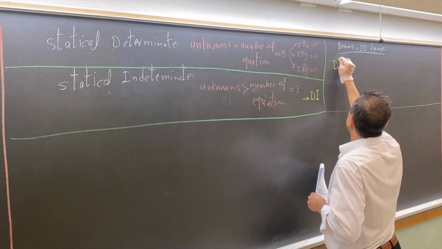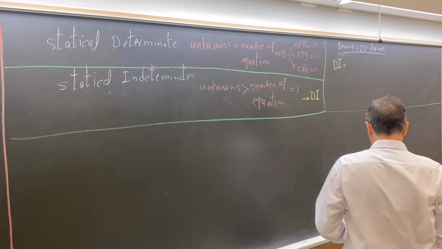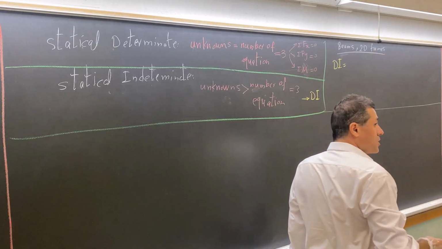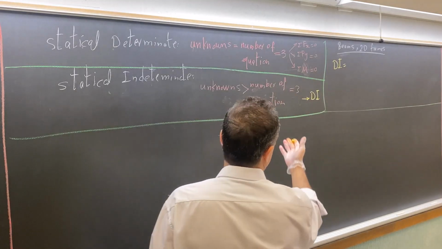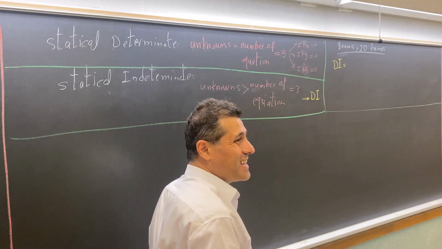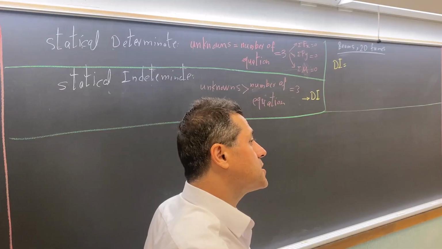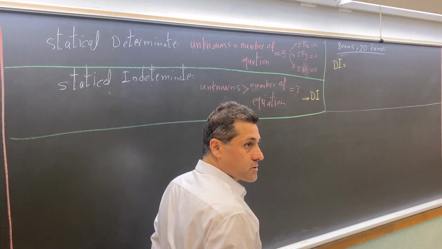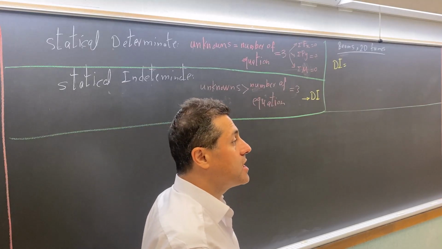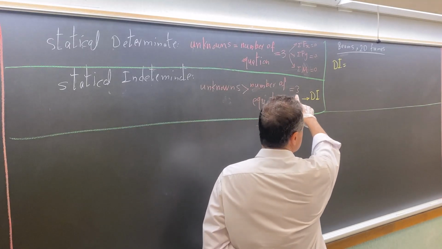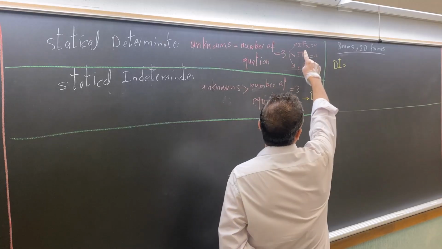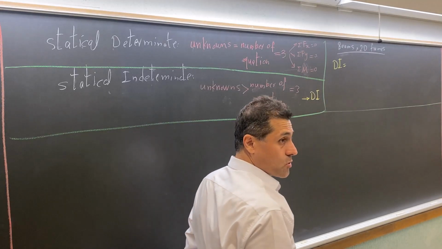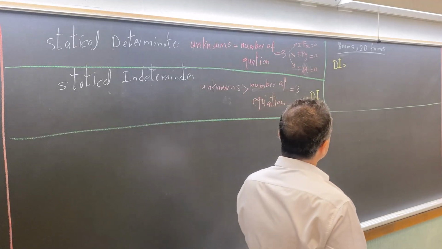Degree of indeterminacy is the number of unknowns minus the number of knowns or equations, right? There are some conditional equations adding to the number 3. So it means we may have more than 3 equations in addition to these 3 fixed equations, sigma Fx, sigma Fy, and sigma M. So we will see how.